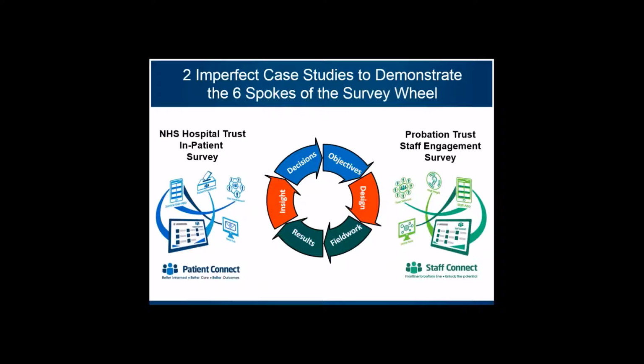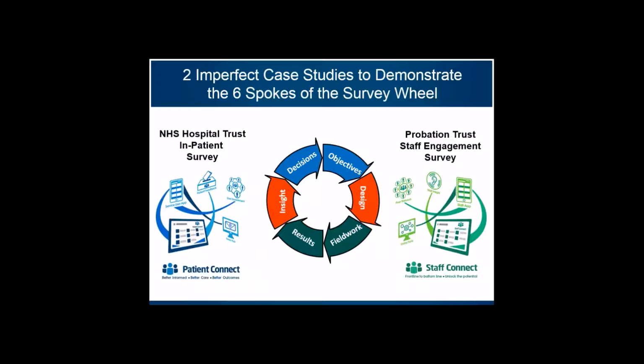So I'm going to use 2 case studies which are both by no means perfect. As I say, these are 2 surveys that I've been involved in terms of the analysis and design, etc. In both cases, I've worked with other consultants in order to deliver. So the hospital trust actually worked with Andrew on this survey, an inpatient survey, and then the probation trust was with another consultant for a staff engagement survey.